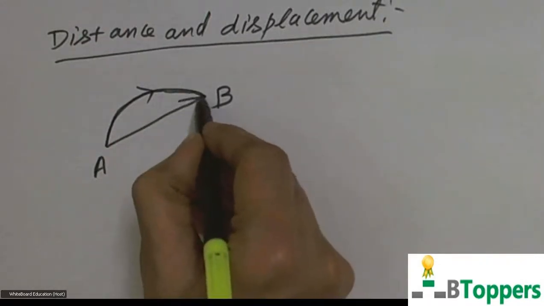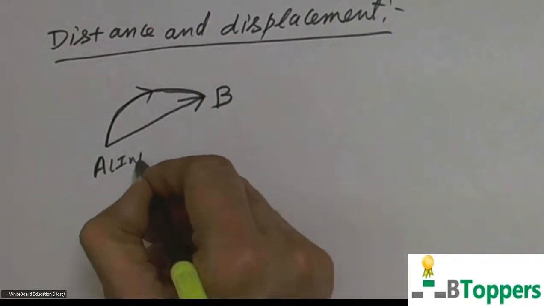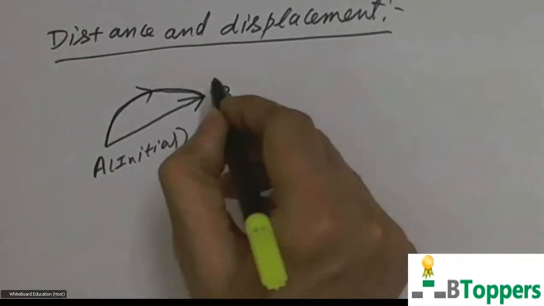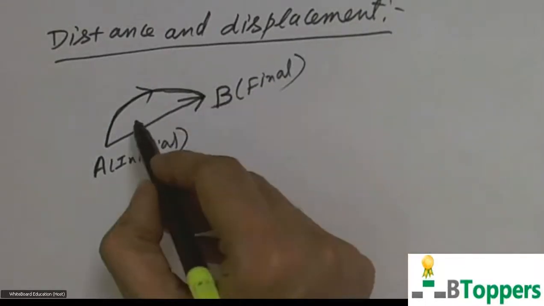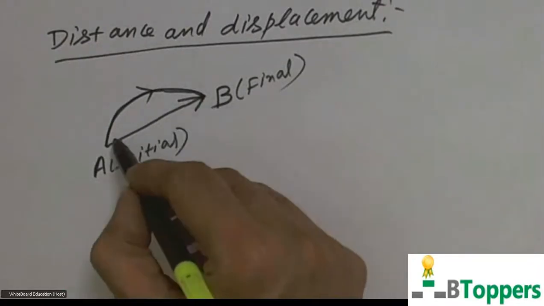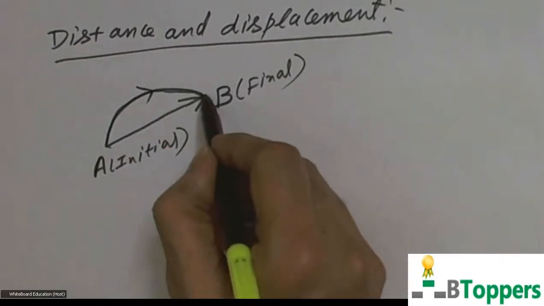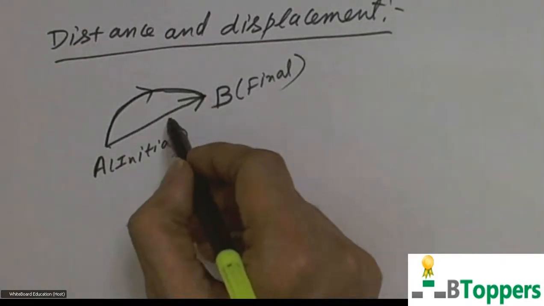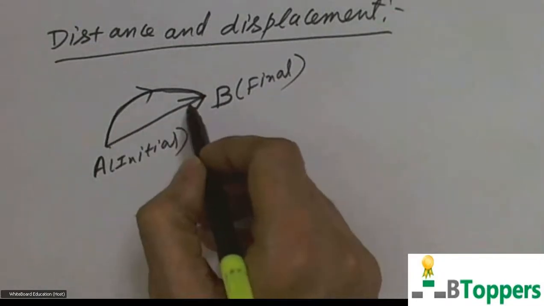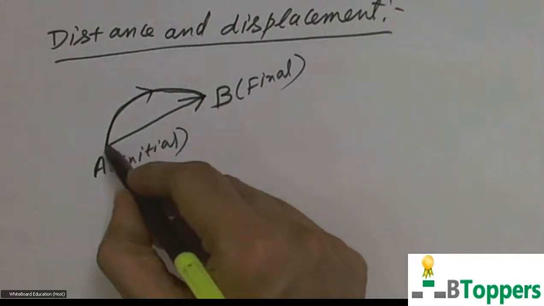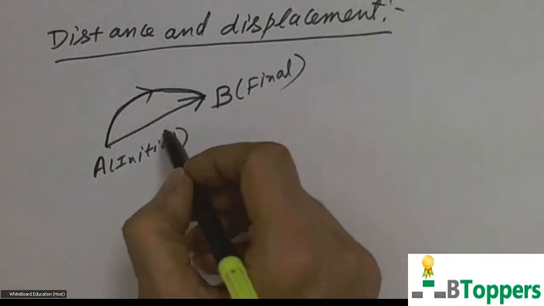The magnitude of the displacement is the shortest distance between the initial position A and final position B. That means the magnitude of the displacement of the particle is the length of the straight line joining the initial position and final position of the particle. The direction of displacement of the particle will be along the straight line from the initial position toward the final position.